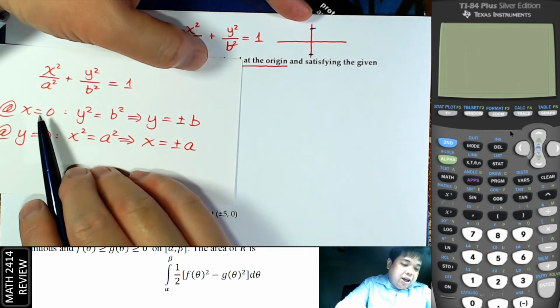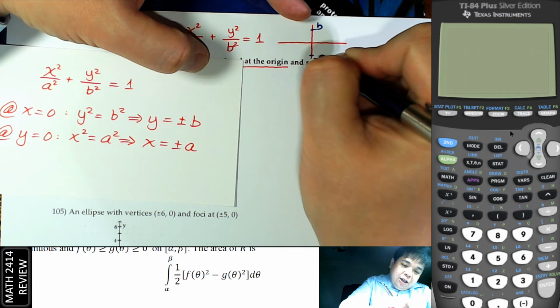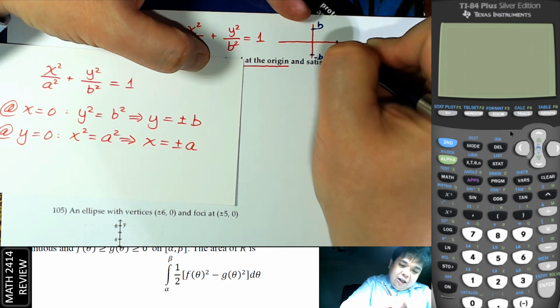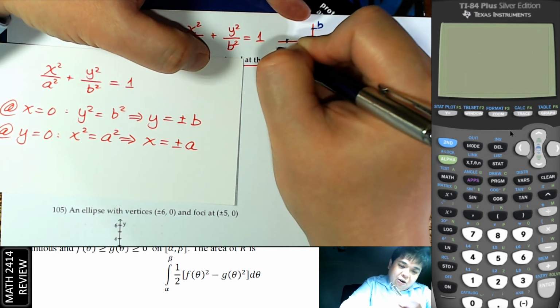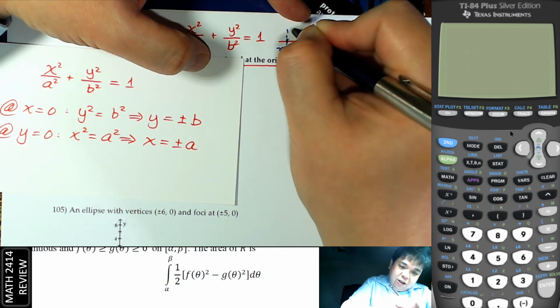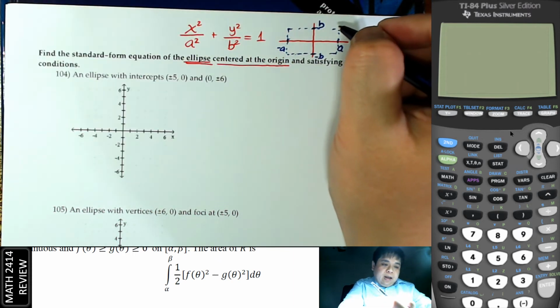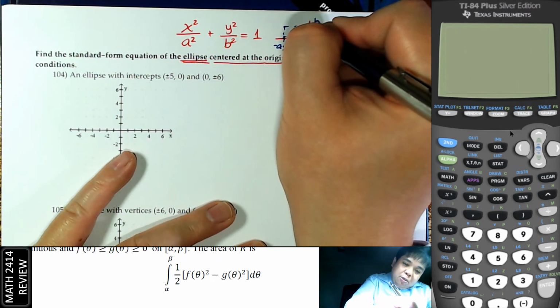When x equal to 0, y is b and negative b. So b, negative b, and then a, negative a on the x-axis. So with that we have the little box, and the ellipse will fit inside this box.